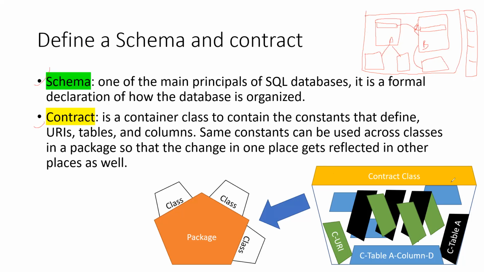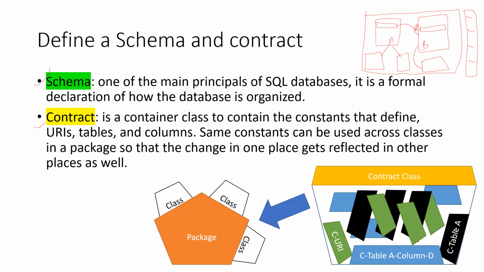It is called a container class because this kind of container contains constants. This CURI stands for constant for URI. C table A column D stands for a constant that represents column D of table A. This C table A represents a constant of table A.